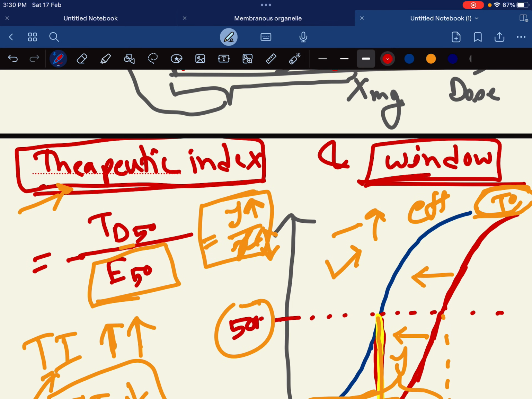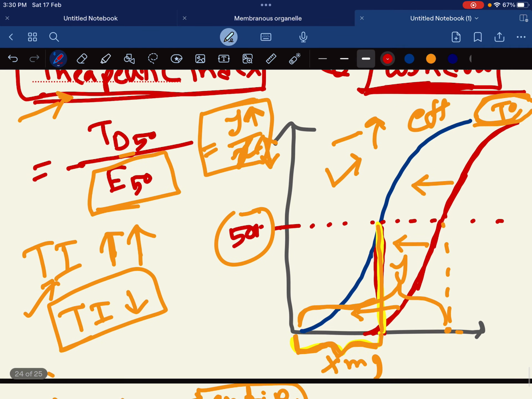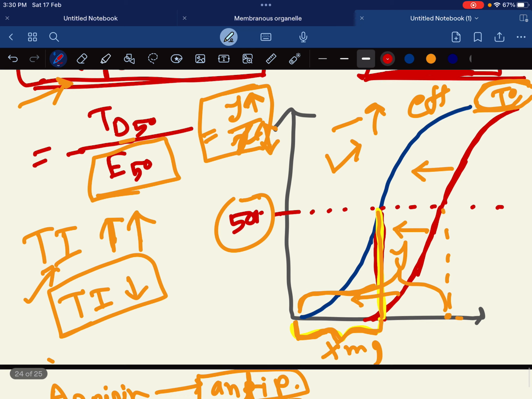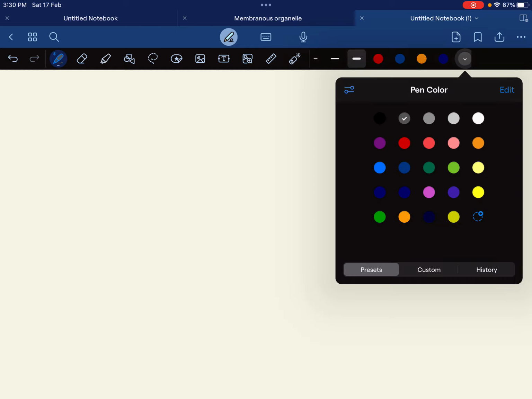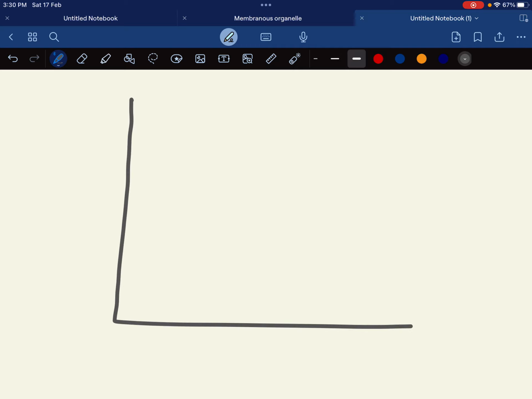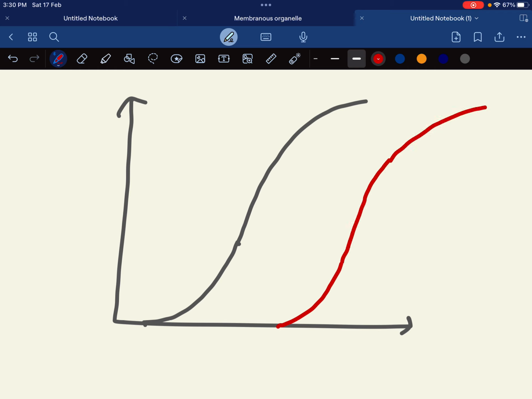Now, what is the therapeutic window? Actually, the window is the difference between minimum effective dose and minimum toxic dose. Let me draw another curve. This is our effective dose curve and this is our toxic dose curve. You see there is a difference between the minimum effective dose and the minimum toxic dose.